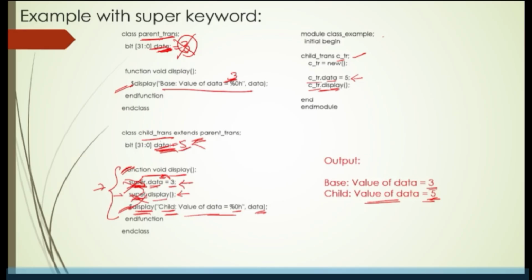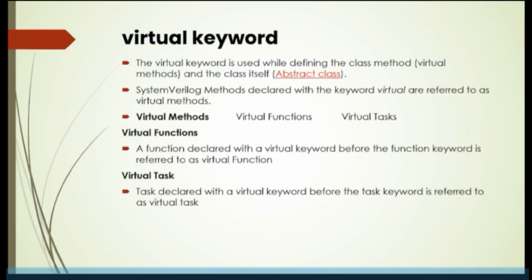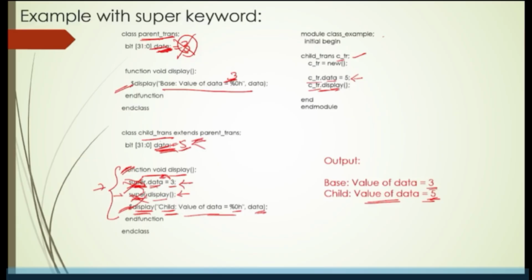Even if you are overriding them, you can access those values by using the super keyword. Got my point? So this is the use of the super keyword in inheritance when you are overriding the base class members with your child class properties.